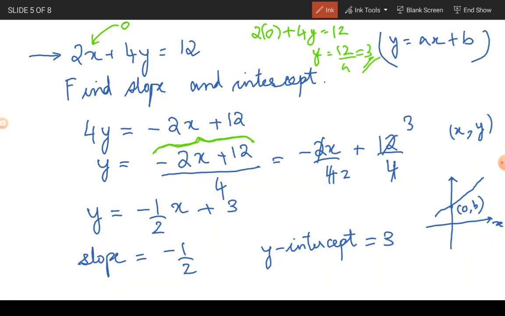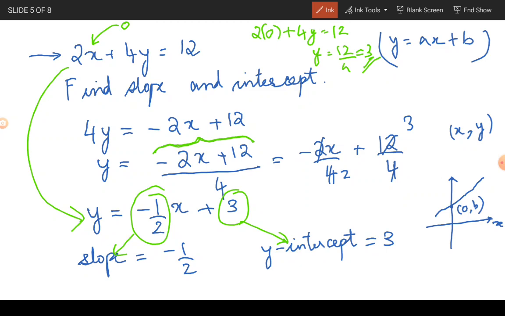So you have just verified that the y-intercept is equal to 3. But like I said, an even easier method, instead of doing so much calculation, is to convert it into the general form. In that case, the coefficient of x will be your slope and the constant will be your y-intercept.